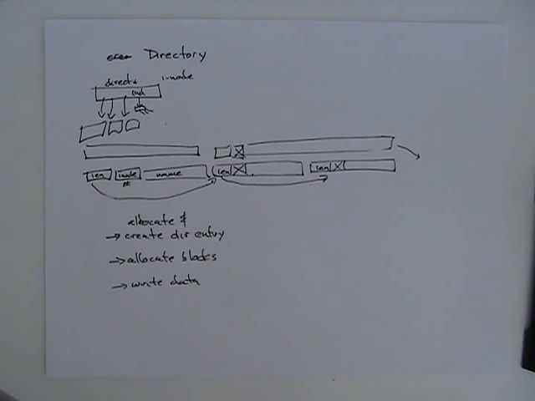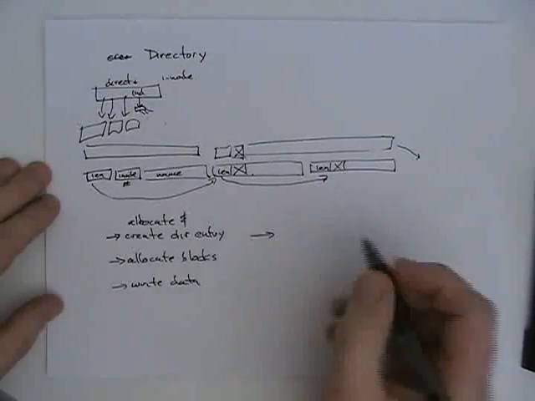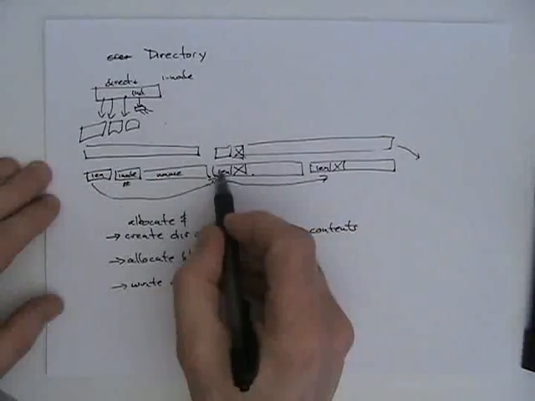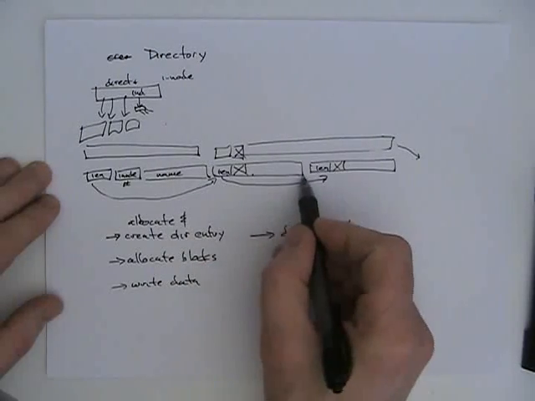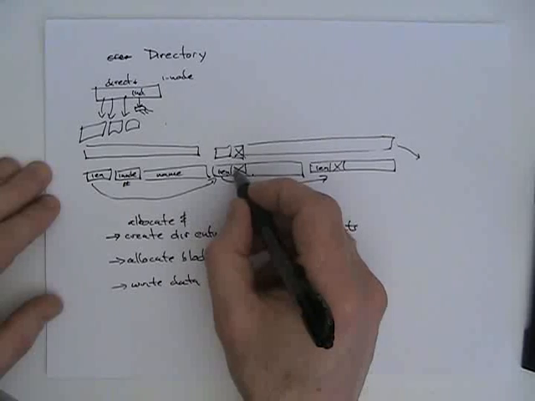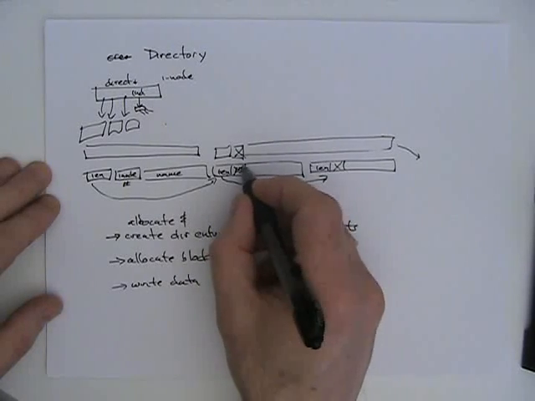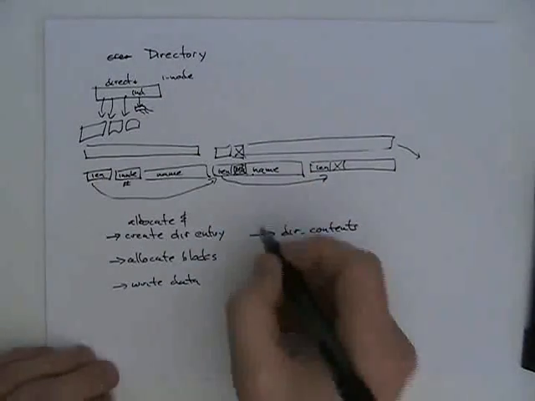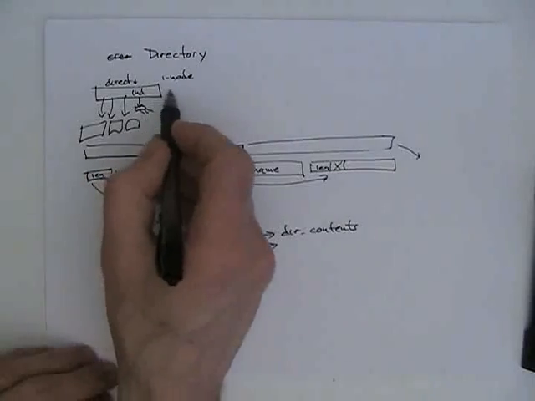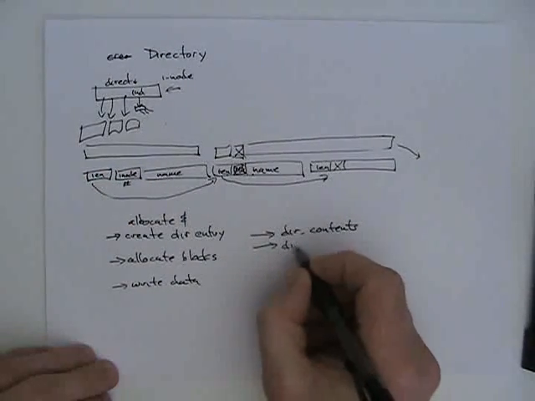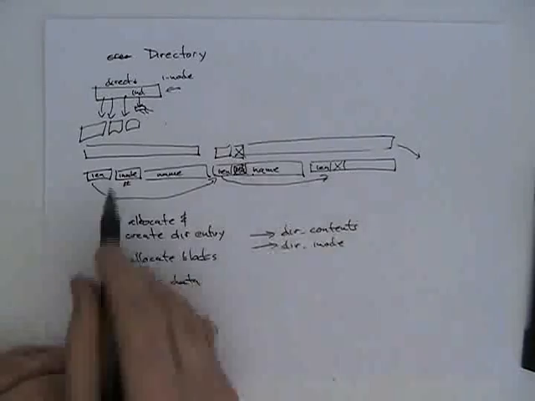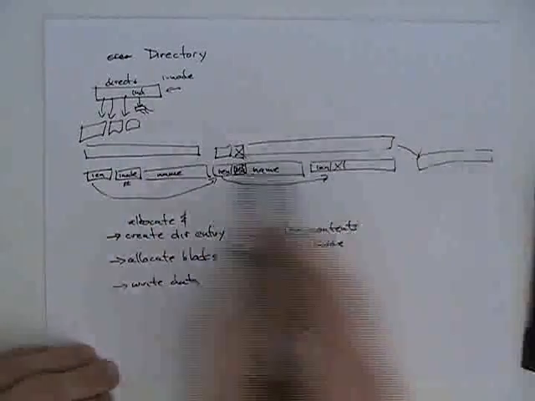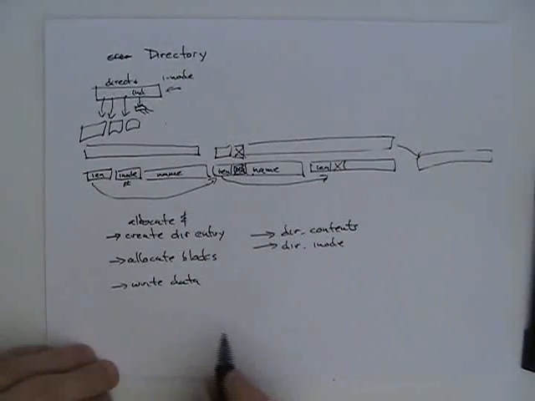So this is going to update the directory contents itself. So for instance, we'll search through, find some free space here, and then put our data here and our name here. It's going to quite possibly update the directory inode. In particular, we may have to extend the size of the directory file, by adding another block, in which case that gets allocated and added here.